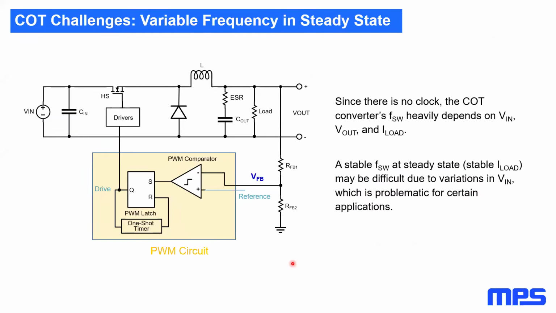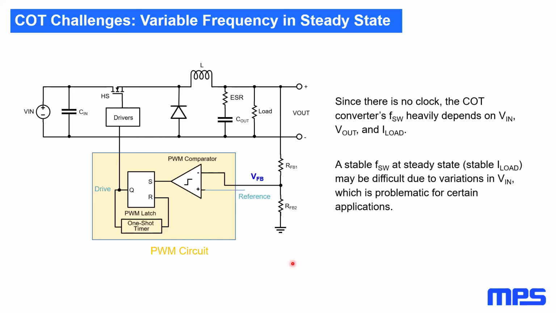The next step after talking about the advantages is, of course, we need to mention the challenges of using constant on-time control. So the first one that I wanted to mention is the variability of the frequency. As I said before, we are going to depend on the output current to set the frequency. When we increase the current, the voltage drops faster.